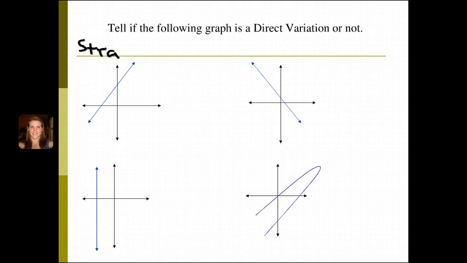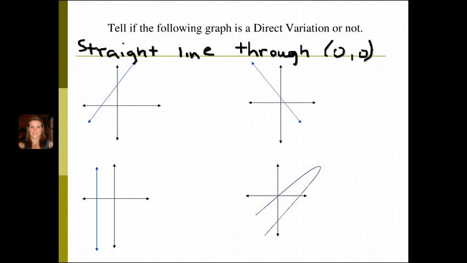Straight line through the point 0, 0, which is the origin.